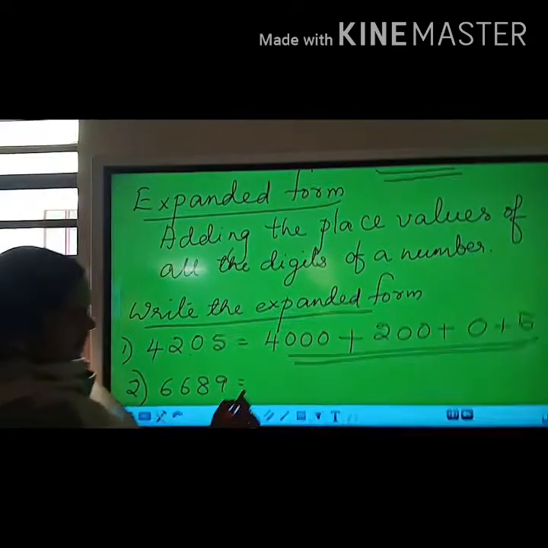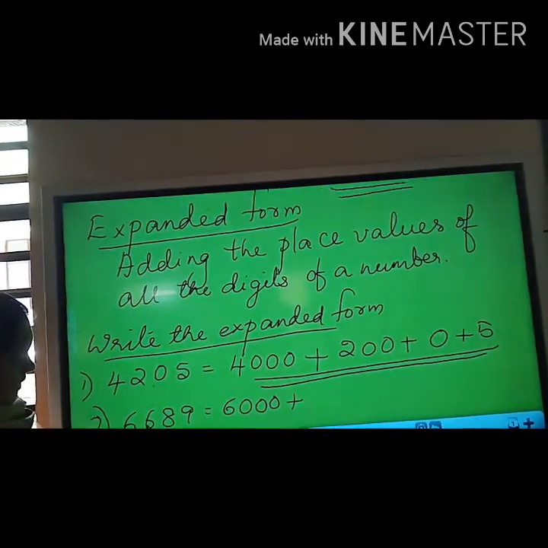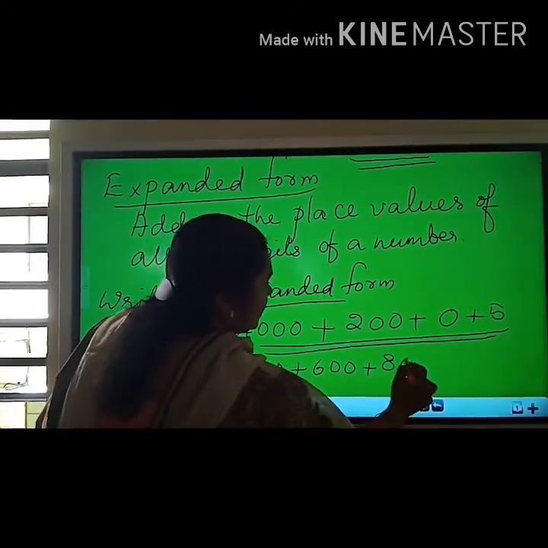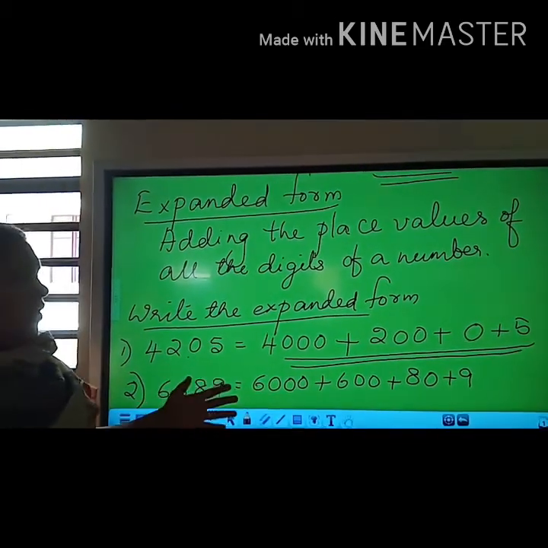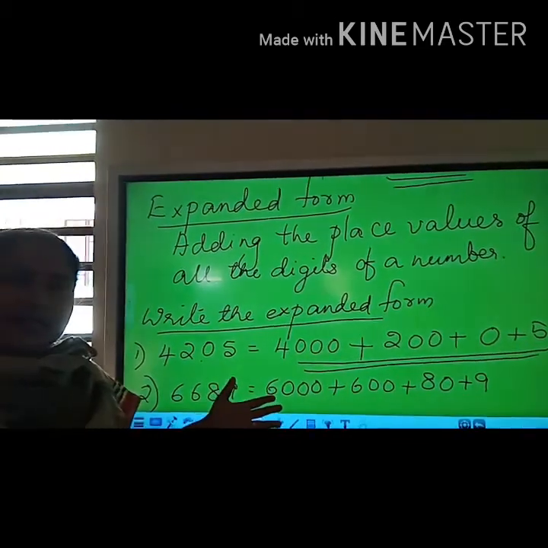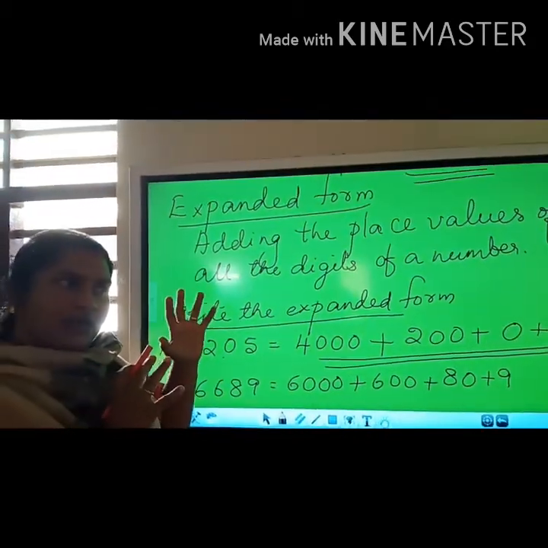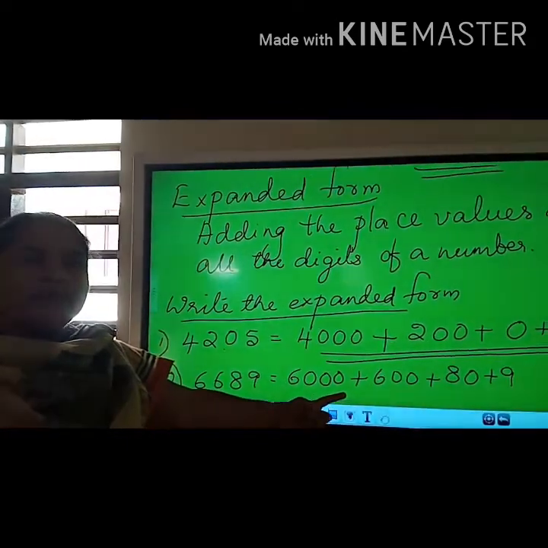Please tell me this. Expanded form is 6000 plus 600 plus 80 plus 9. I think this video will help you to understand the pictorial representation of a 4-digit number and the expanded form. Thank you.